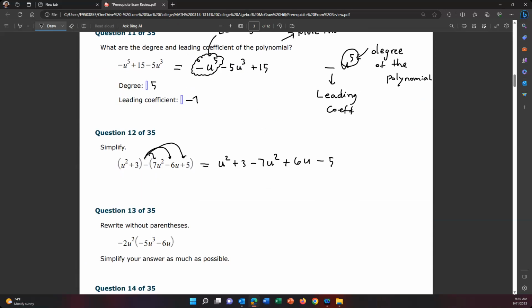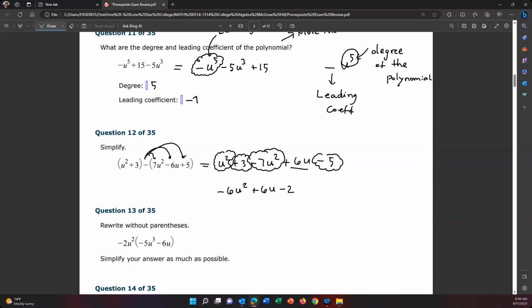Do we have any like terms? I'm noticing that there is a u squared here, and there are now -7u squared, so if we combine terms, we get -6u squared. There is now a 6u that didn't combine with anything. But this 3 can be combined with this -5 to make -2.